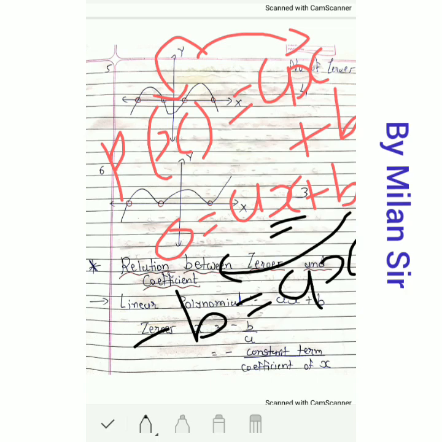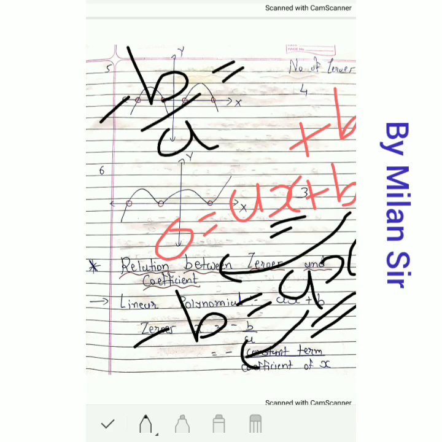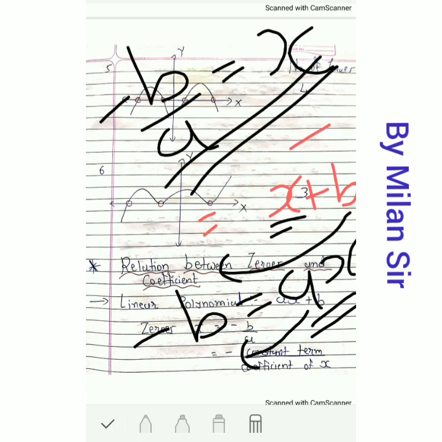Now transfer a to the left hand side. So what do you get? On the left hand side minus b, and here a is in multiplication with x, so it goes through division. So minus b by a is equal to x. This value of x is the zero of the polynomial.